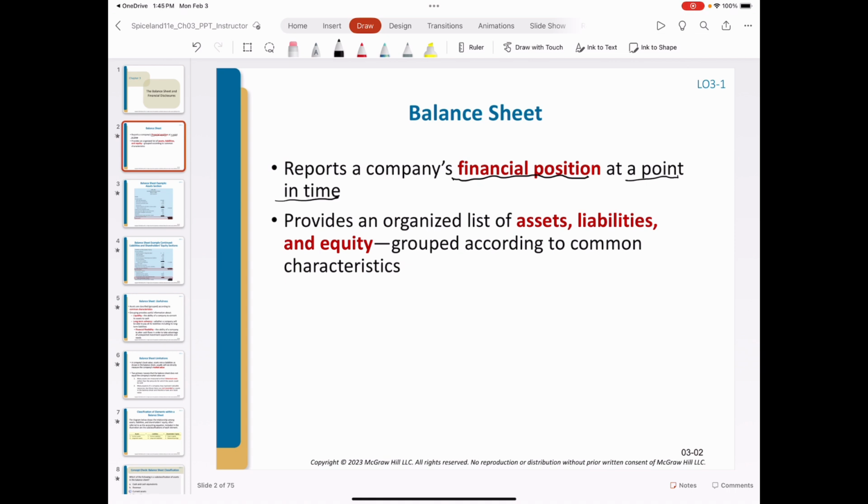The balance sheet includes three elements: assets, liabilities, and equities. Each element includes many different accounts with different characteristics, and the balance sheet is also grouped according to these characteristics.